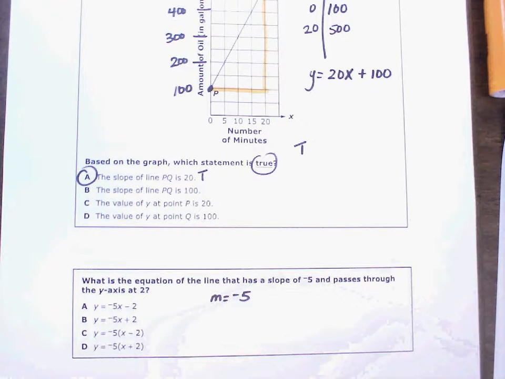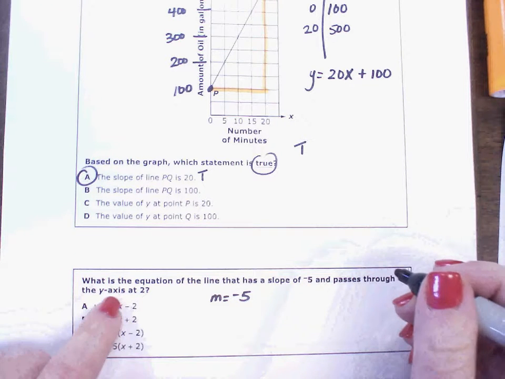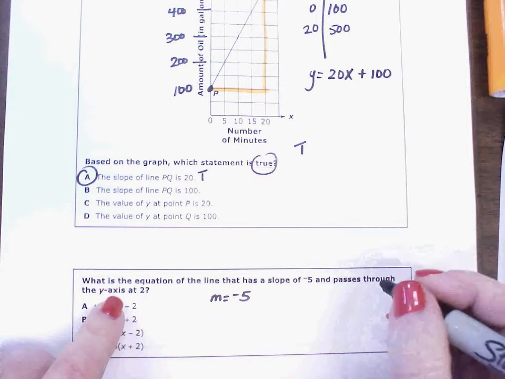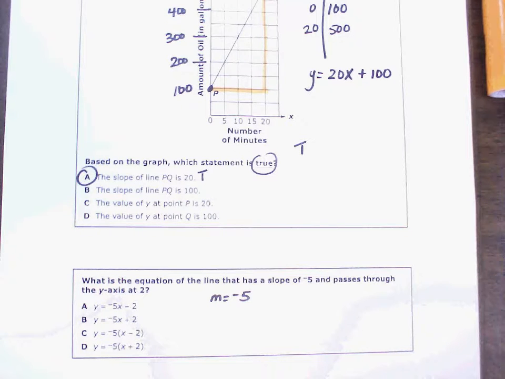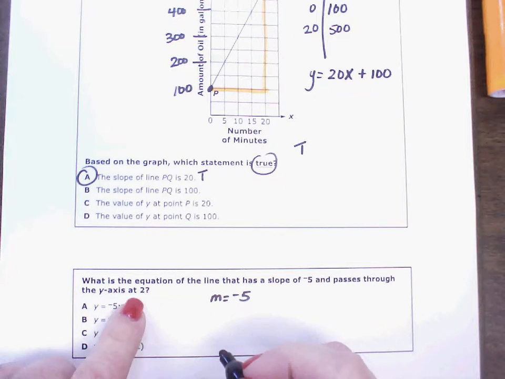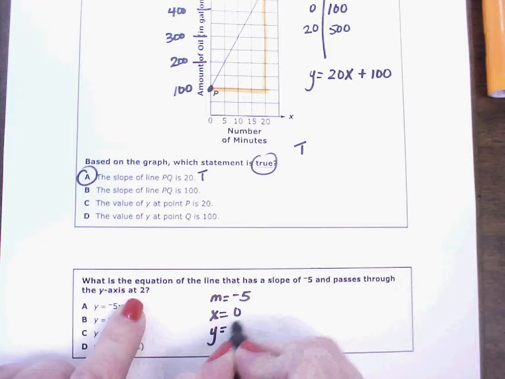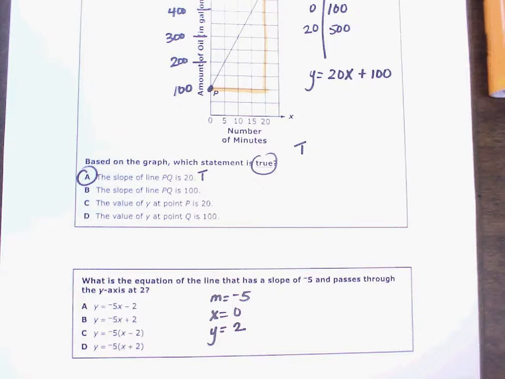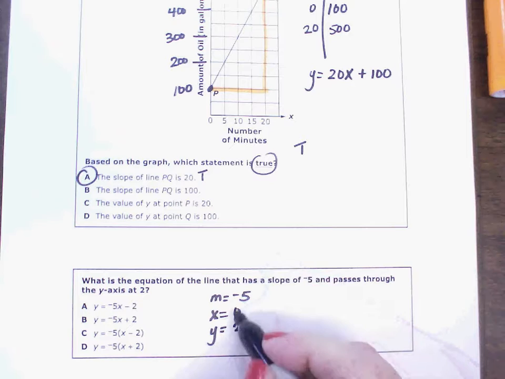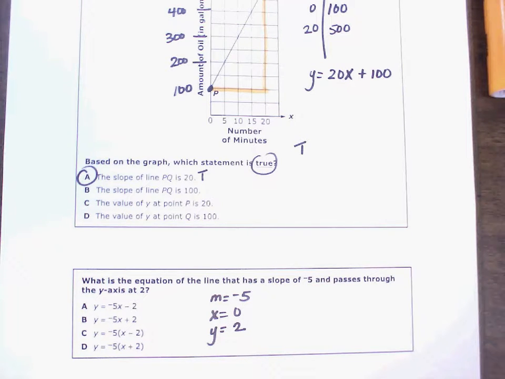All right. What is the equation of the line that has a slope of -5 and passes through the y-axis at 2? So it passes through the y-axis at 2. What does that mean? It means that your y-intercept, where x equals 0, so it will be (0, 2).